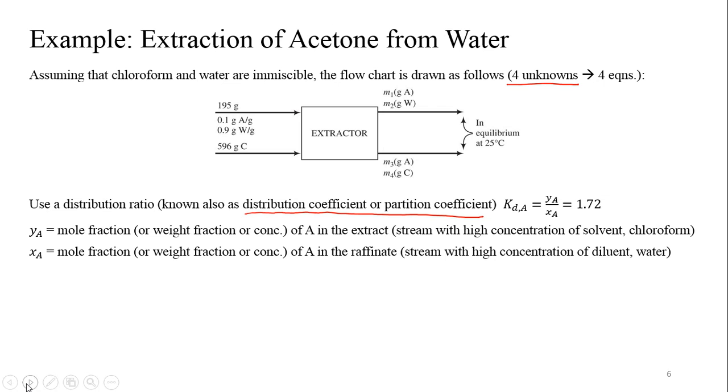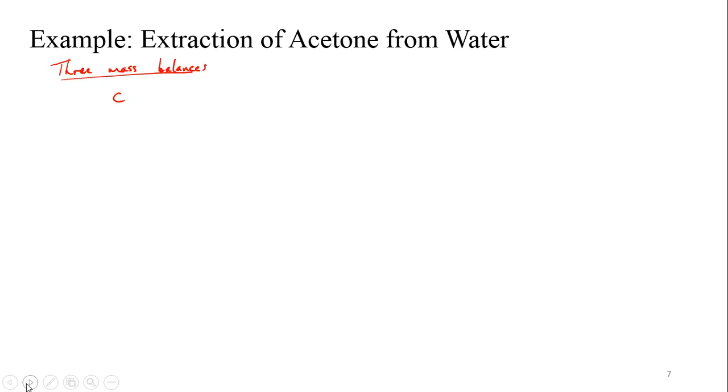Okay, so that's pretty straightforward. So for the chloroform mass, which we were calling M4, what goes in is what comes out, and what was going in was 596 grams. Okay. Water is pretty simple in this case as well, right? Because it's immiscible with the chloroform, which means it's all going to come out in the raffinate.